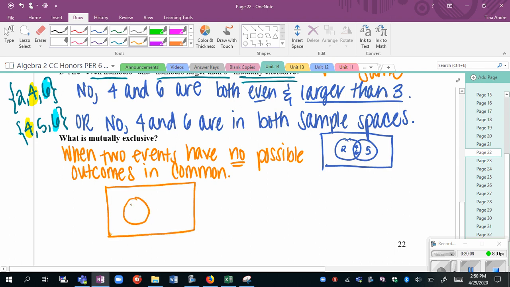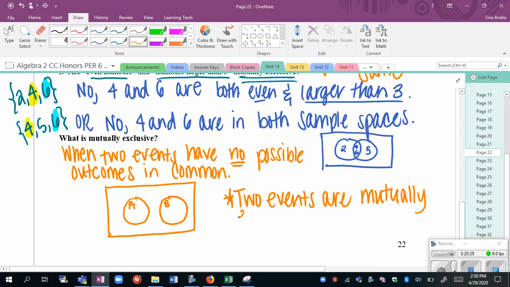This is event A, this is event B, nothing in common. You can also say two events are mutually exclusive or disjoint. So notice no connection.